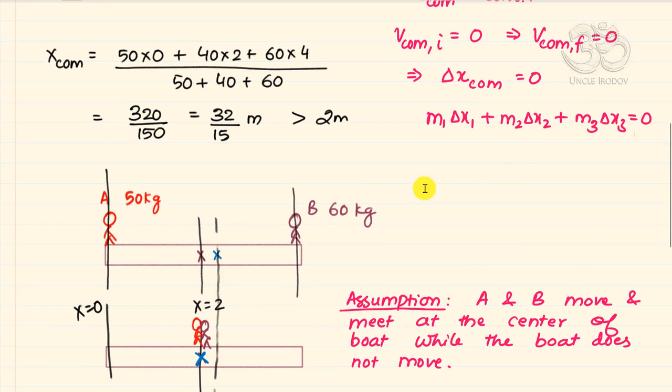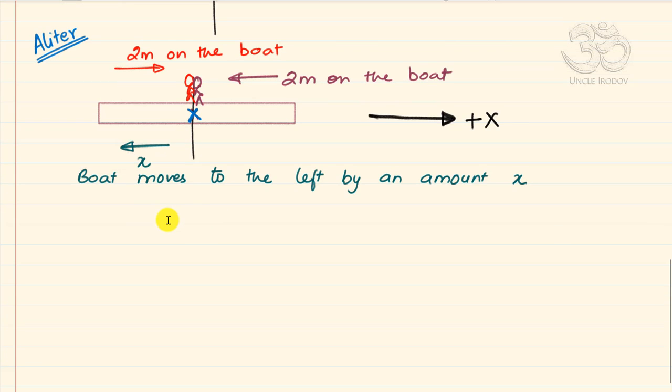So we will use this formula straight away here, and maybe m1 is this guy A, so 50 times delta x1. What is the change in x coordinate of the red guy? Plus 2, because he moves 2 meters towards the positive x-axis, and minus x because he moves minus x towards the negative x-axis by virtue of being on the boat.